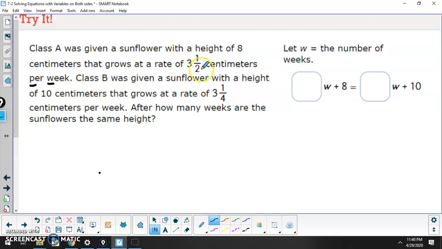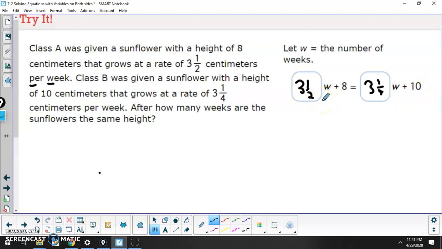We are growing 3.5 centimeters per week, every week, so we're doing this over and over again, hence we are multiplying by 3.5 times our variable. Now, the other sunflower is growing at a slower rate, 3.25. There's the equations. You also have to add your initial heights to both of the sunflowers, not just the rates.